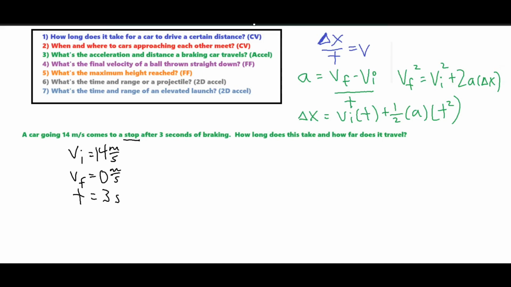Actually, wait a second. The problem is incorrectly written. It's not how long does it take, because we already have that. We're looking for the acceleration and also how far it travels. So we have the time, and we're going to find the acceleration, and we're also going to find the delta x.